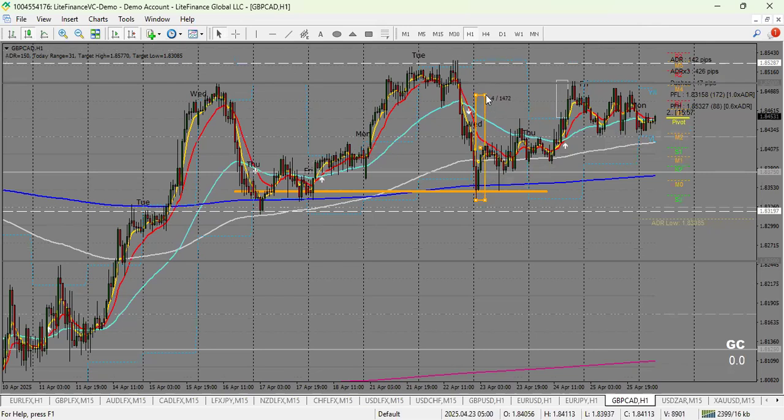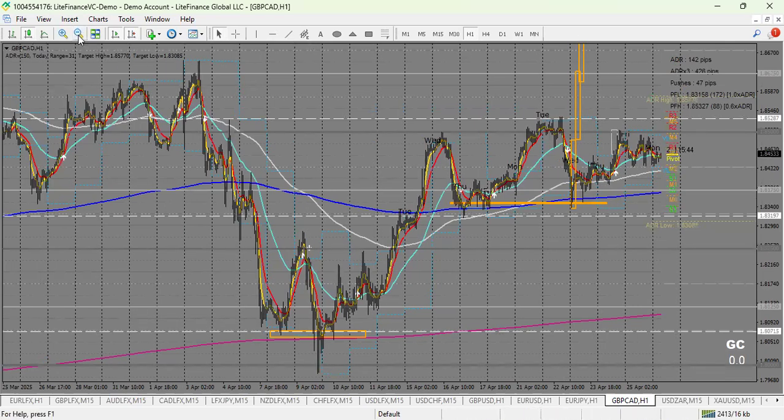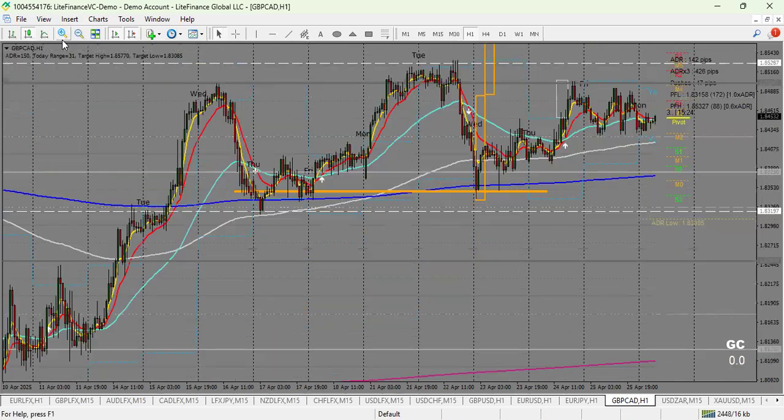So let us go to the ADR boxes. So it's around 142, 150. So I put on 46. Okay, so ADR times 1, times 2, and times 3. Okay, so you can see price is still yet forming a good peak reset.